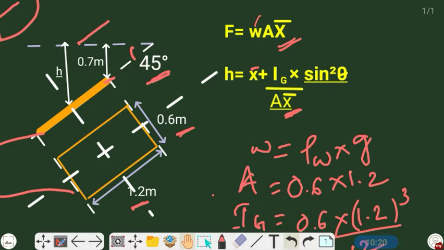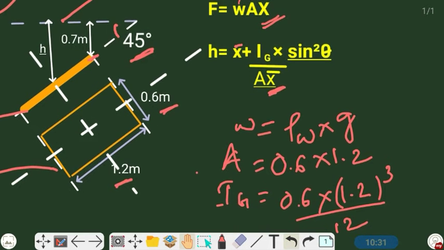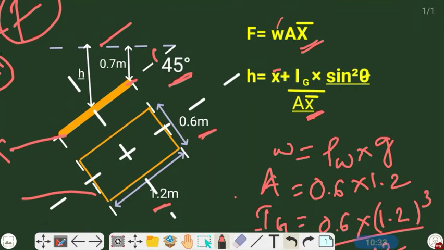What is x bar? I have said, it is the vertical distance of the center of gravity from the free surface. This is the front view and this is the top view. Let me make you understand it with another figure.